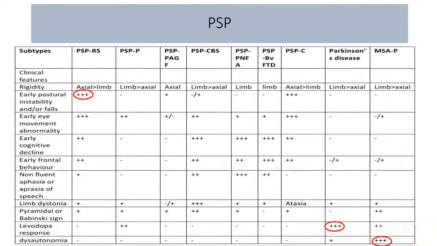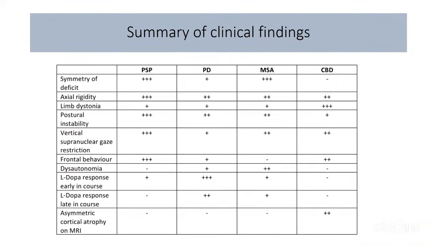So, summary of the clinical findings. Symmetry is present in PSP and MSA, and it is usually asymmetrical in PD and CBD. Axial rigidity is more in PSP compared to the other three. Limb dystonia is seen in CBD. Postural instability is seen more in PSP.